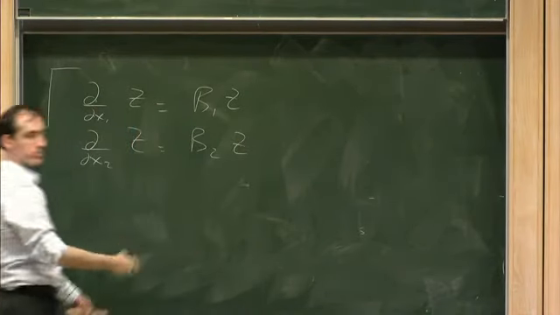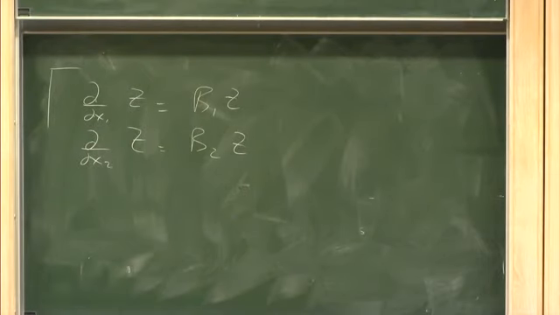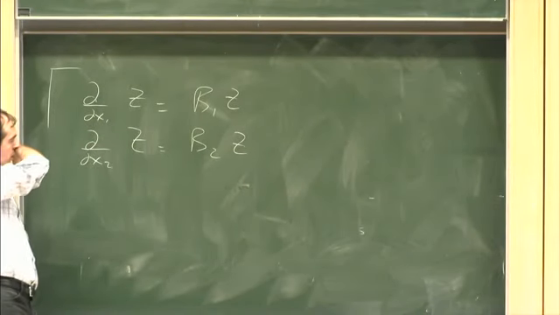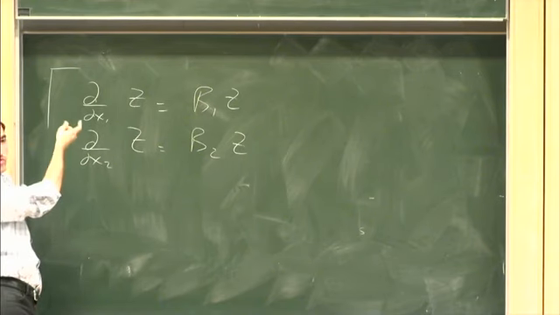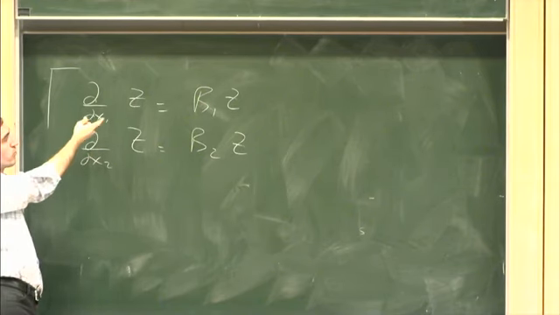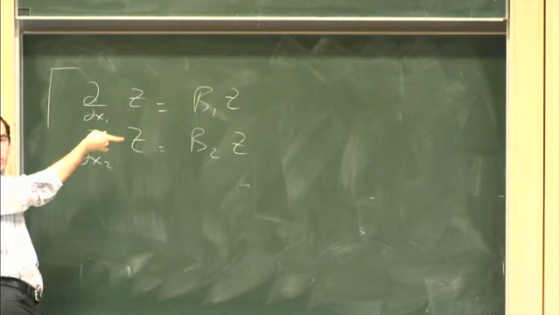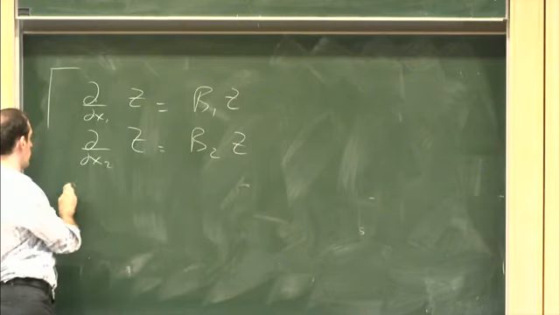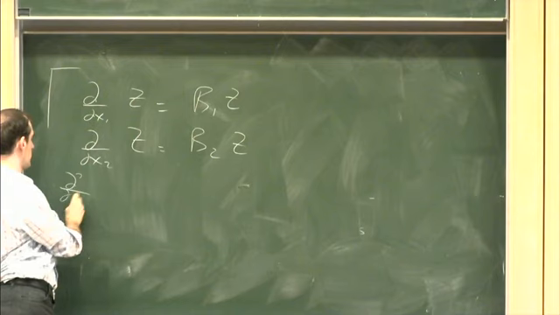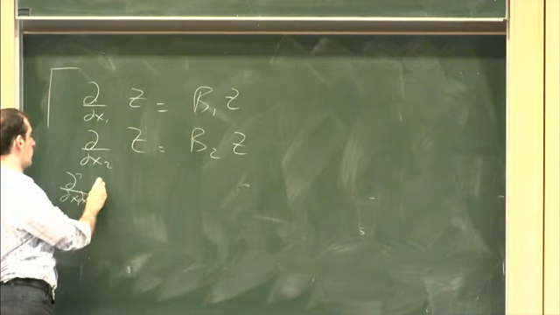So if you have a simultaneous system of first order partial differential equations, and you want a full rank solution, where z is the unknown, and b1 and b2 are given functions of x1 and x2, you can work out the following: you want the Clairaut relation.